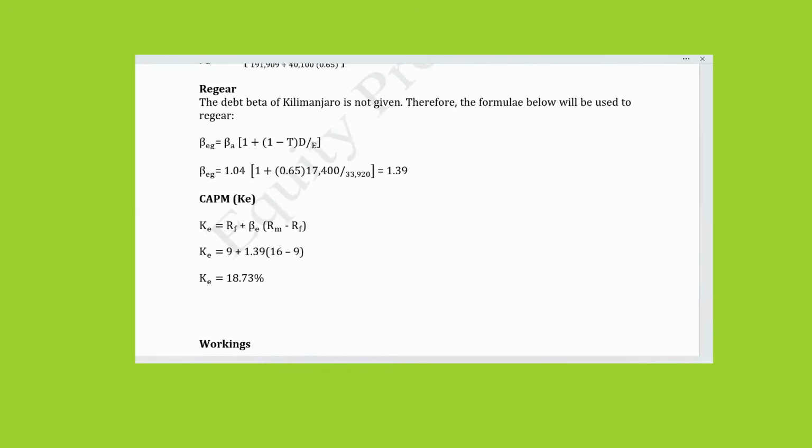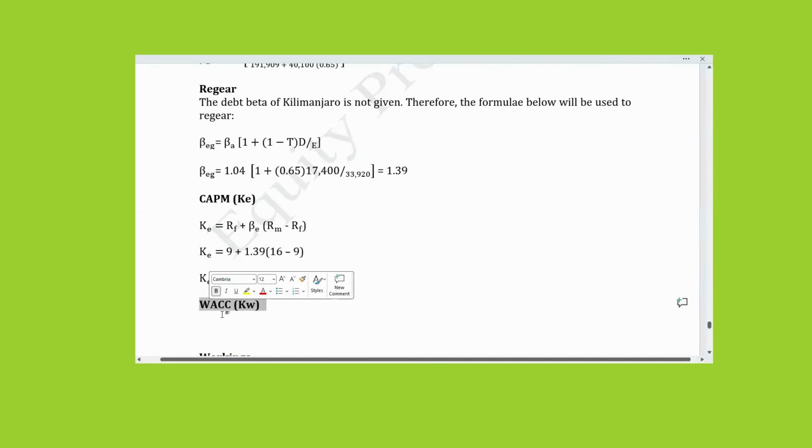Sir, write it out. What is it, sir? Hello, sir. Yes, how do you get that RF to be 9? I've told you, if you want to ask me, always raise your hand. I'm sorry, sir. So how did I get what? The RF, the risk-free rate.